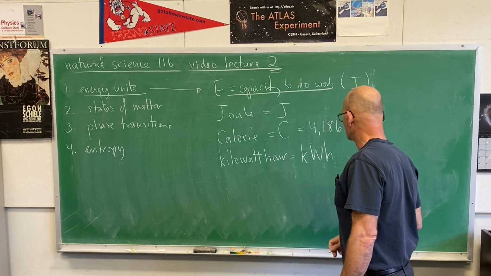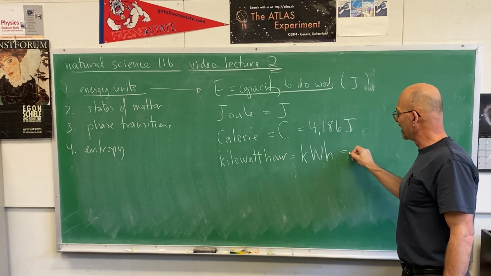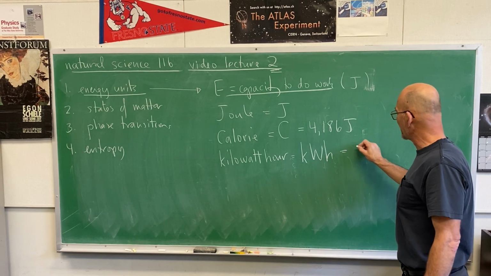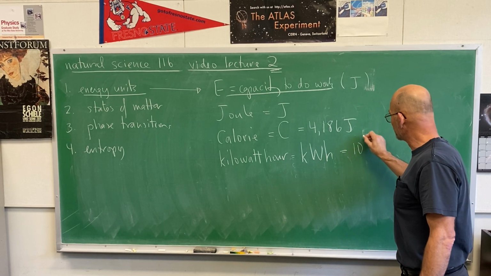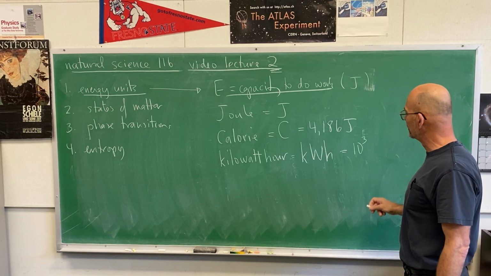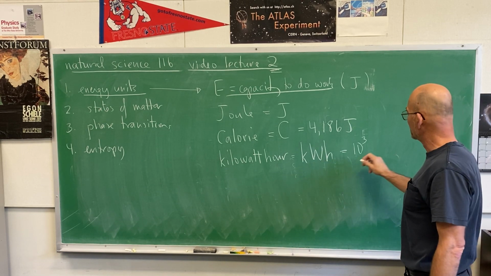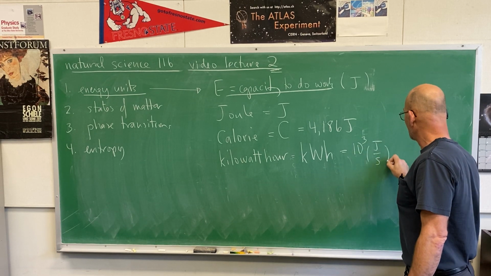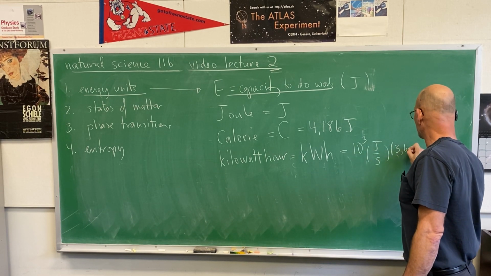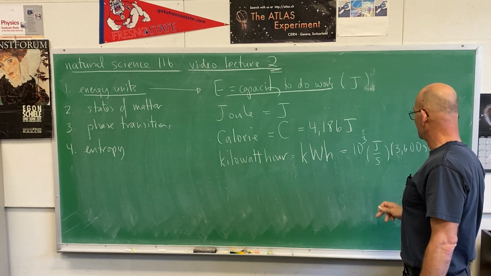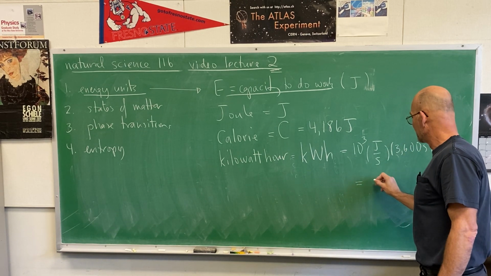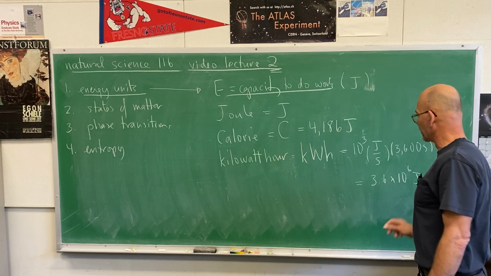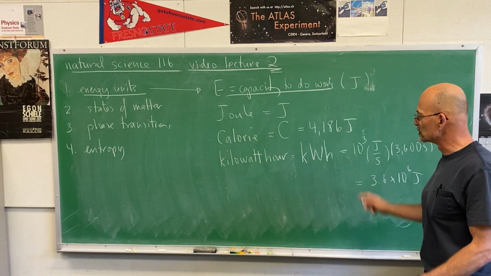By its definition, it could also be referred back to joules, because that was 10 to the 3, that's kilo, and a watt was a joule per second, and an hour was 3,600 seconds. So what did we have here? We had 3.6 times 10 to the 6 joules. So once again, we've got the energy conversion back to joules.